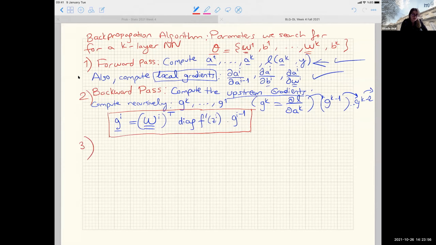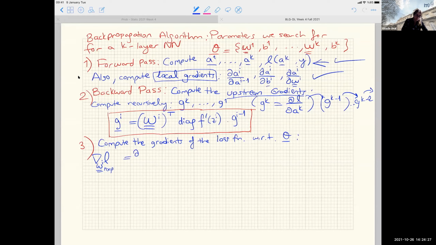Third is compute now the gradients of the loss with respect to the parameters. That's the final step. Compute the gradients of the loss function with respect to theta. Here it is. So that is this, right? W_i, for instance, this is n by p.